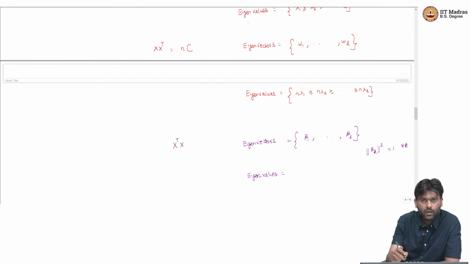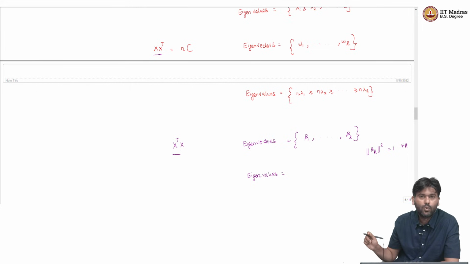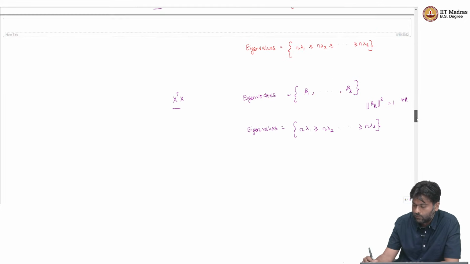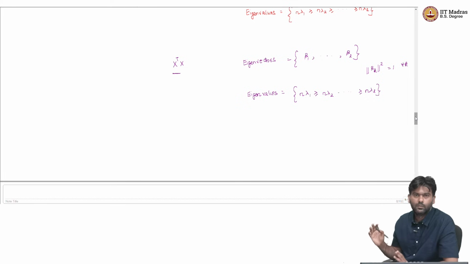Well, now the linear algebra fact that I stated before says that X X transpose and X transpose X have exactly the same non-zero eigenvalues, which means the eigenvalues of X transpose X will also be n lambda 1 greater than n lambda 2 dot dot dot greater than n lambda L, right. So, this we have.